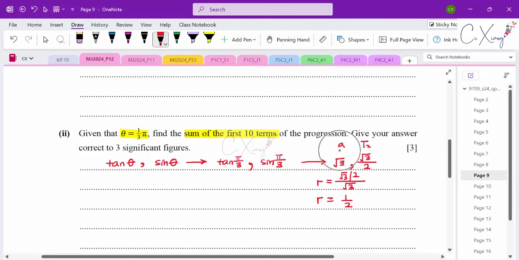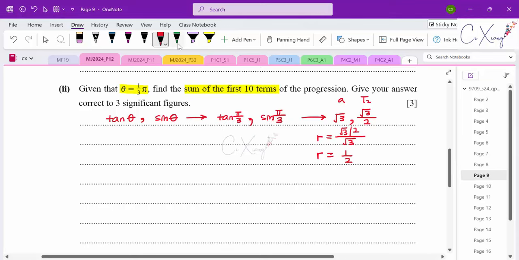I have the first term, I have the common ratio, therefore I can proceed with the sum of the first 10 terms. So what's the general formula again for the sum of the first n terms in a geometric progression? It should be A times 1 minus R power n, divided by 1 minus R. Now I'm looking for S10.